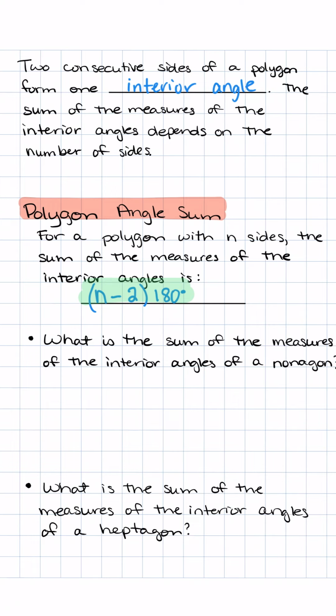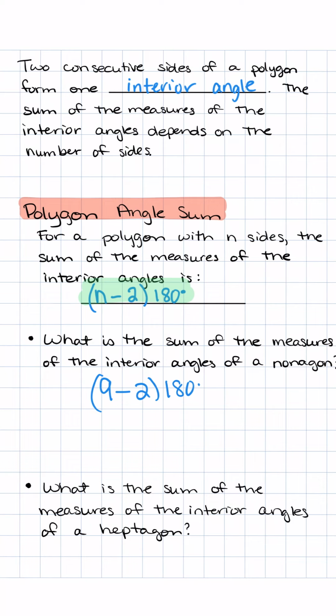So what is the sum of the measures of the interior angles of a nonagon? We know a nonagon is 9, so we're going to plug that in. 9 minus 2 times 180 degrees.